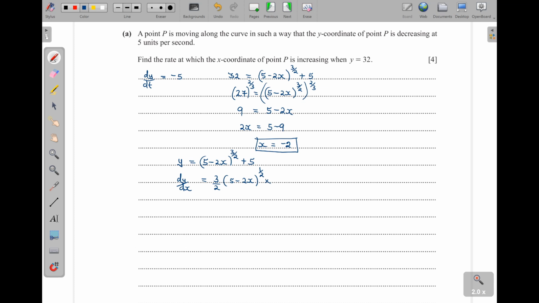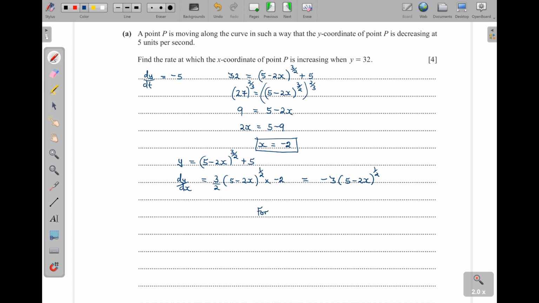Then you differentiate inside, because this is the chain rule, and multiply by negative 2. When you differentiate the 5, it disappears. So this is going to be negative 3 times (5 minus 2x) to the power of a half.